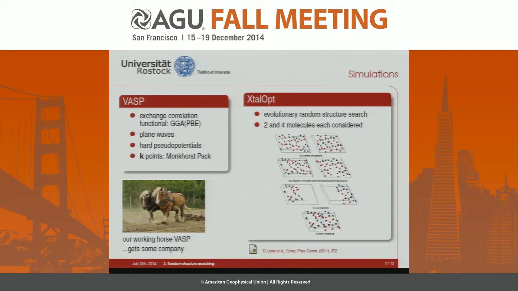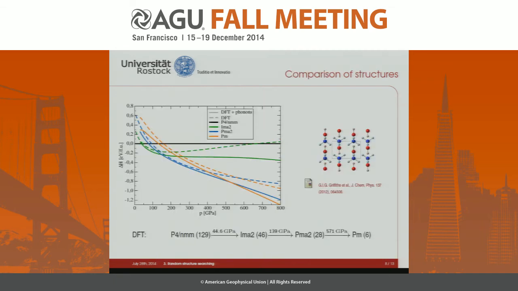We did some random structure searching. We wanted to see whether we can find structures which can later, upon heating, be shown to be superionic. We did extensive structure searches at 1, 2, and 5 megabar and found some structures. This is the main summary of the structures I found.